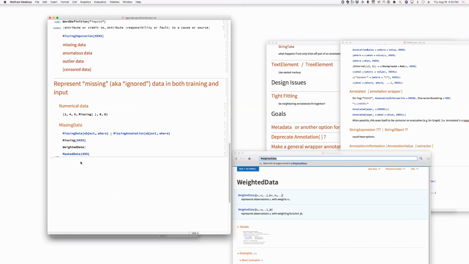Let's see. I mean, really, whether it's missing, which is kind of an emotive word, or whether it's merely being ignored is sort of irrelevant to us, except, as James has pointed out, whether it's used in the training cycle.